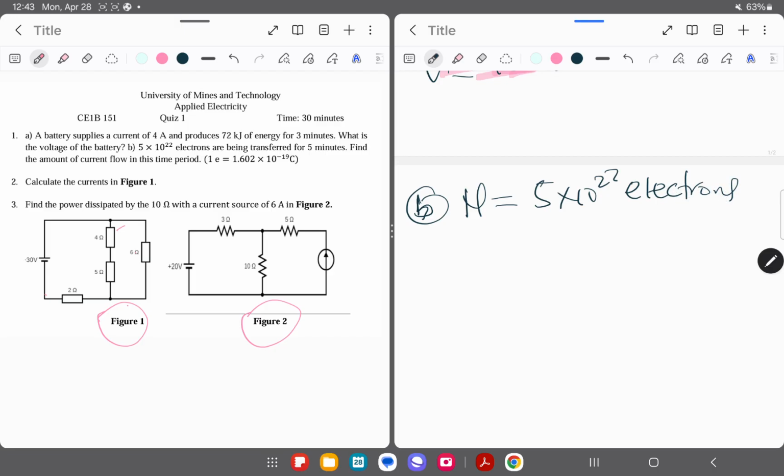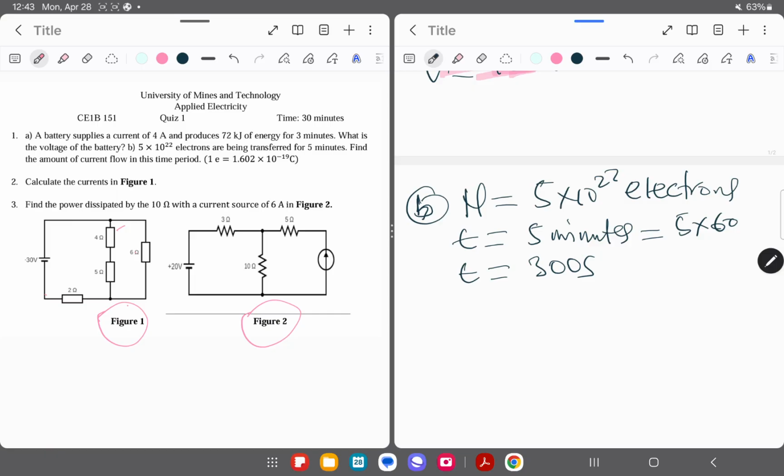And here the time, T, which is 5 minutes. And we change this again to seconds, so that will be 5 times 60 seconds. So time will be equal to 300 seconds.